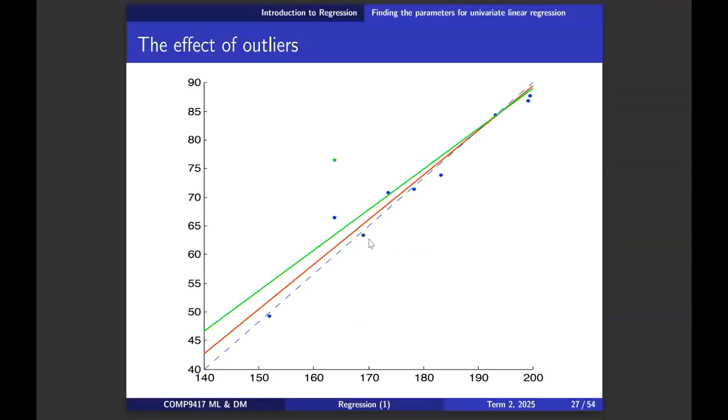You can see that it's not dramatically different, but this is a very small sample of data. So that outlier has a considerable effect. Just one outlier has a considerable effect on the data. There's always a question about what to do about this.